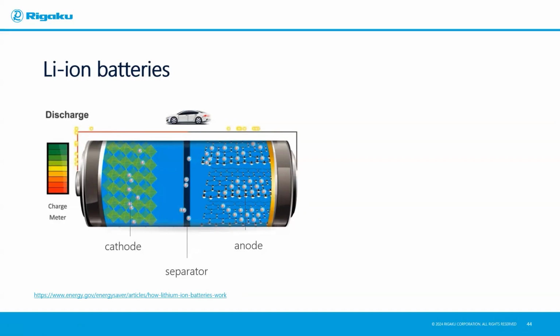Well, it turns out that this discharge cycle, it is not 100% efficient, meaning that 100% of the ions don't move back and forth each time you charge and discharge.